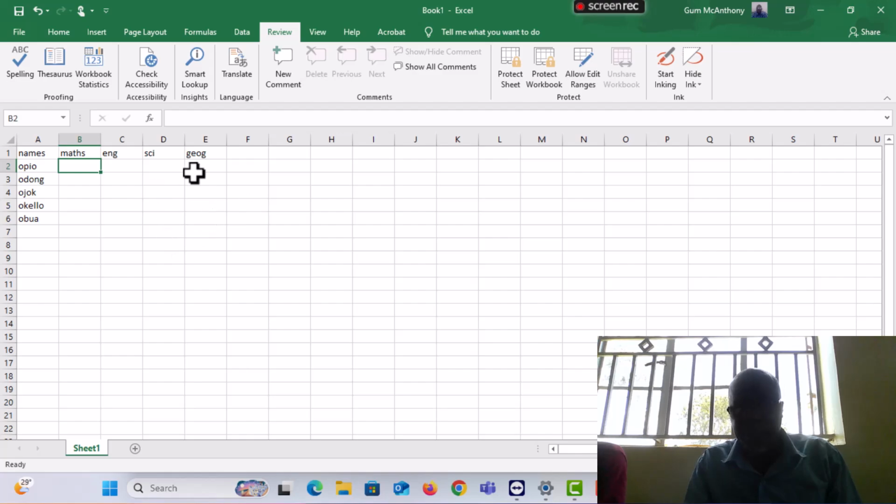Here the reference is invalid. Those are the errors which you will come across when you are using Excel, so you have to be very careful. Then there is also another error which is called #N/A. This is a situation where the formula cannot recognize what you are doing, then that problem will come up.